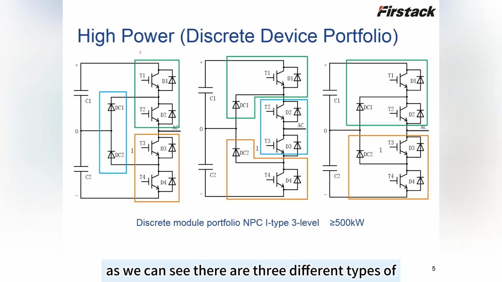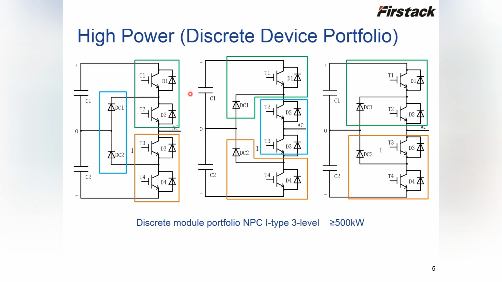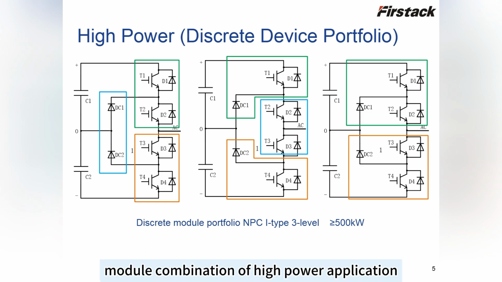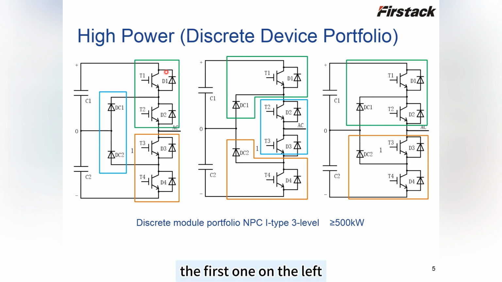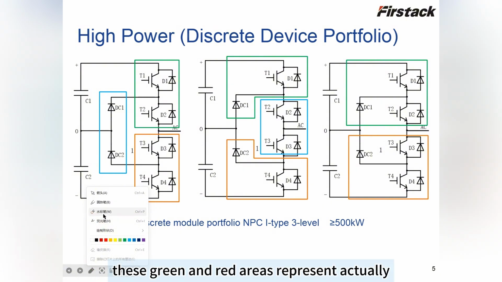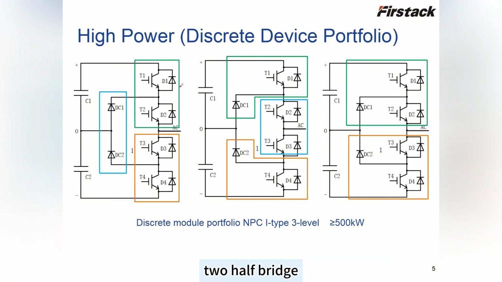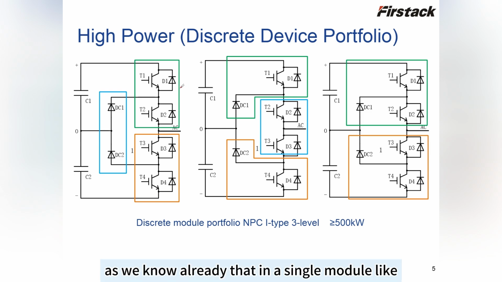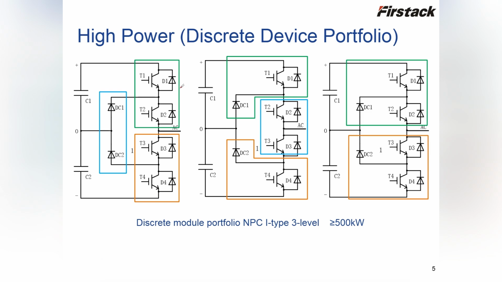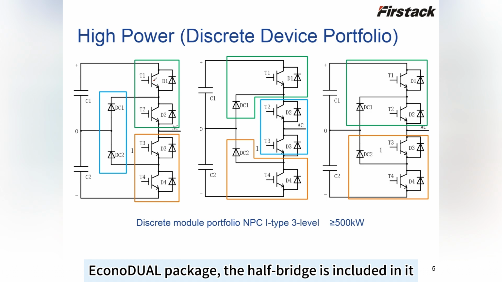As we can see, there are 3 different types of module combination for high power application. In the first one on the left, the green and red areas actually represent 2 half bridges. As we know already, in a single module like the EconoDUAL package, the half bridge is included.